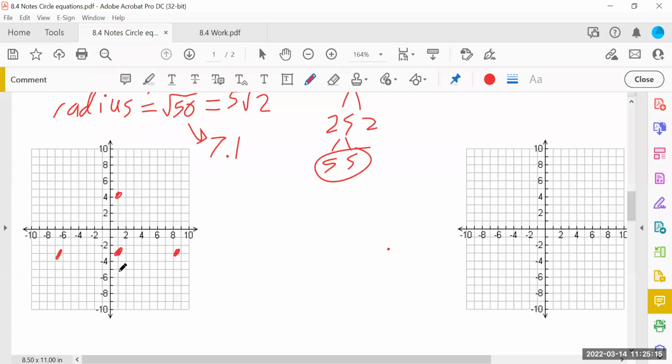And down 1, 2, 3, 4, 5, 6, 7, and a little bit. Does everybody get the pattern here? Find the center, find the radius, go left, right, up, down, and then draw on your circle. That's not so good. Let's try that again.